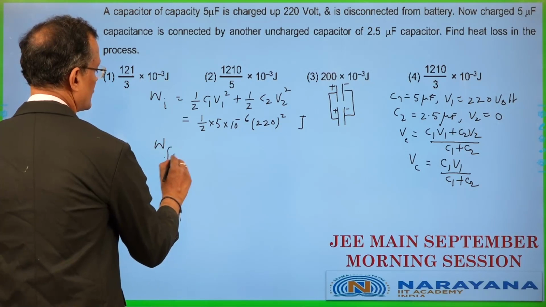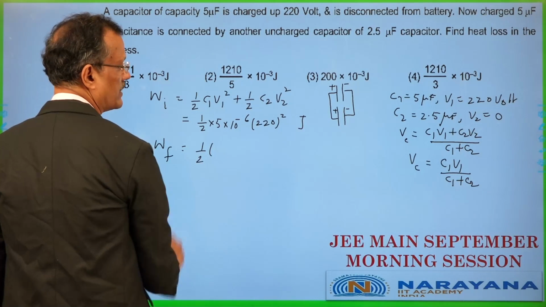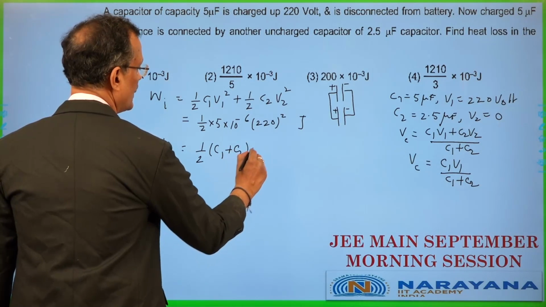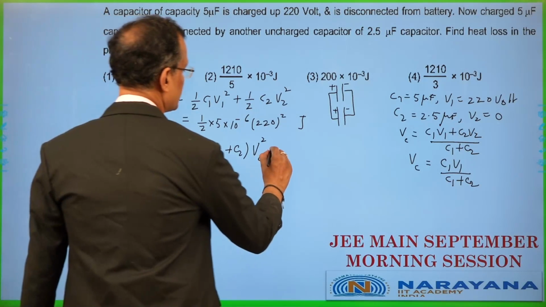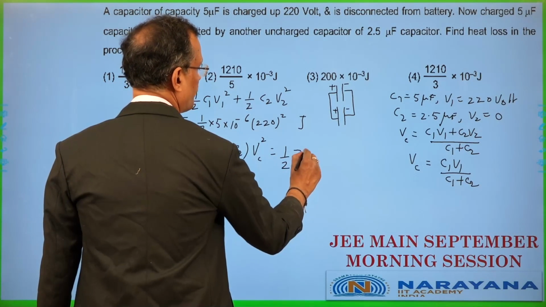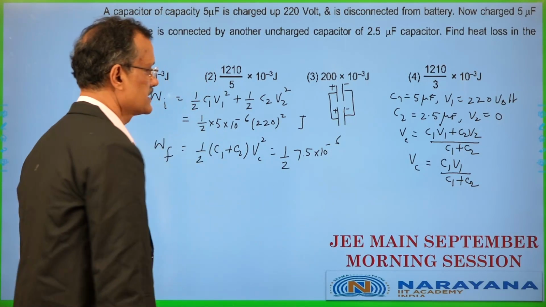Final energy is half (C1 plus C2) V common squared, which equals half times 7.5 times 10 to the power minus 6.